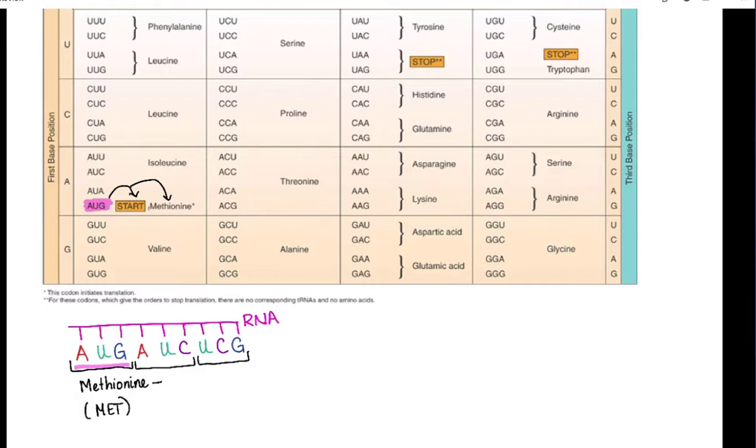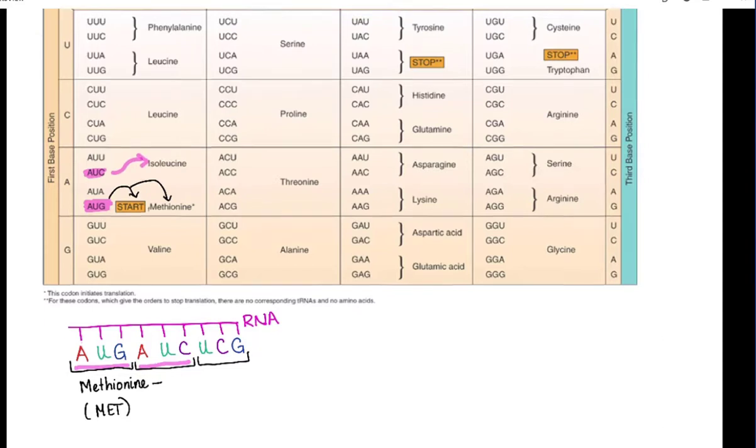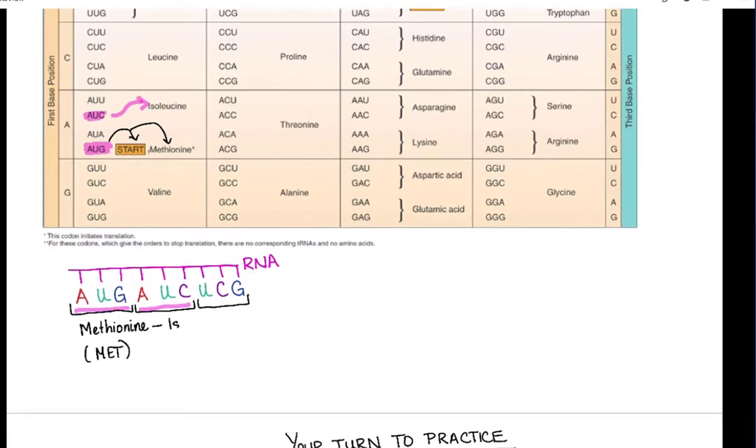So our next one is going to be AUC. Okay, I see AUC here, and AUC maps onto an amino acid named isoleucine, which gets the abbreviation ILE.